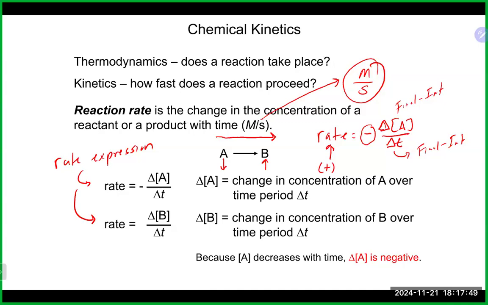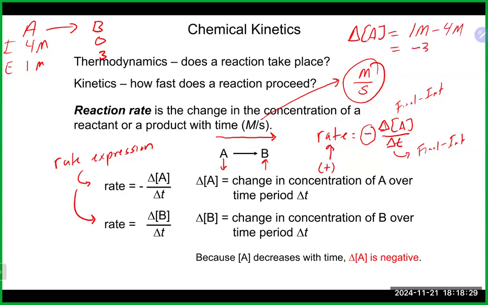So if you think about this reaction just in general, we went from A to B, and initially, let's just say we had 4 of A and nothing of B. And when we were done with this reaction at the end, let's just say we had 1 of A and like 3 of B. If we were going to calculate, for example, the change in the concentration of A in my made up example, and say these are molarities, we would take our final concentration, which is 1 molar, minus our initial concentration, which is 4 molar, and that would give me a negative 3 molar.